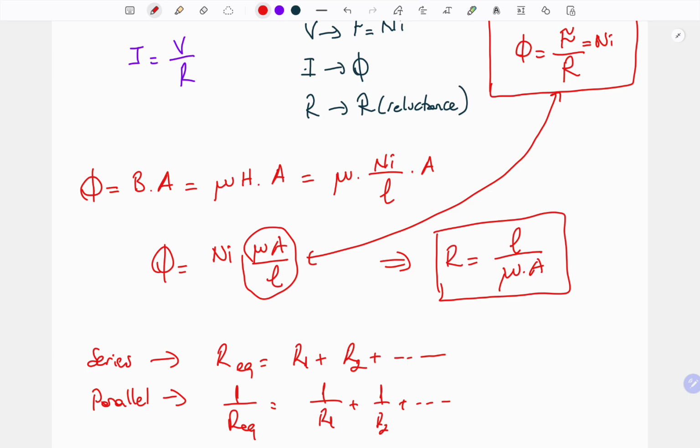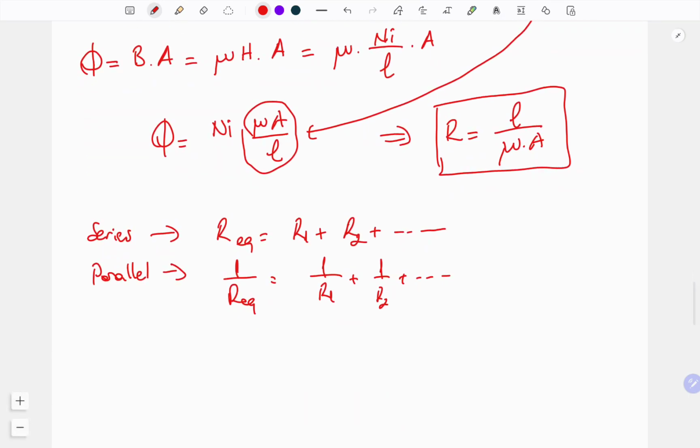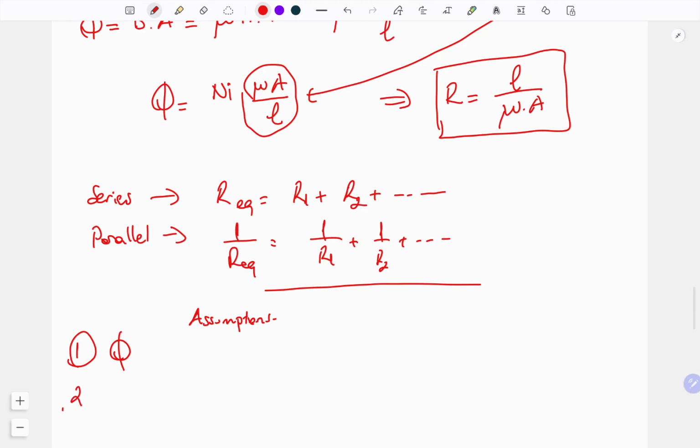The first one is related to the flux: all the flux is confined within the magnetic core, and we will assume there is no leakage flux. The second one is about the magnetic mean path length and the cross-sectional area. We will assume they are constant.